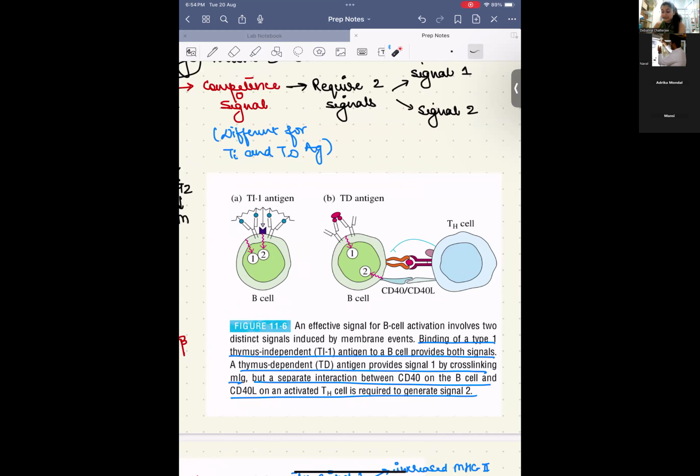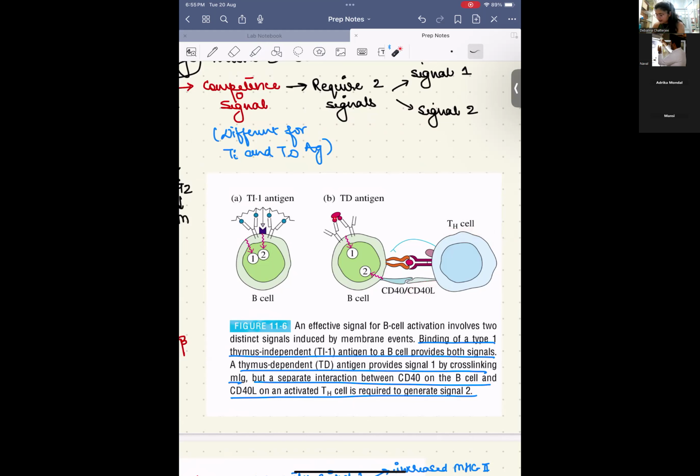But for TD antigen, we need an antigen that cross-links. This cross-linking provides the first signal, followed by the processing of the antigen-antibody complex. We have the CD40 and CD40L molecules present on T helper cells.